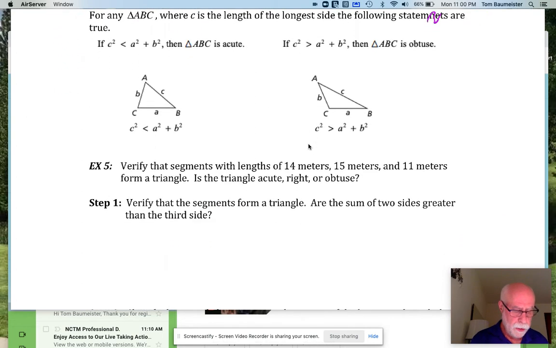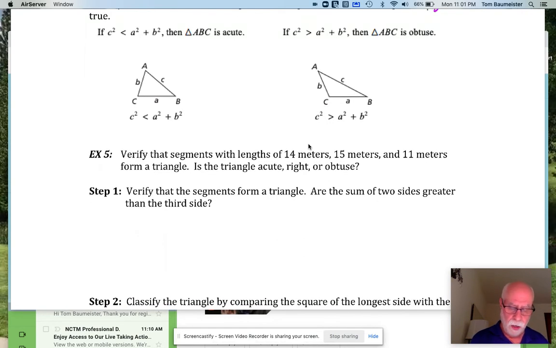So, example 5. Verify that the segments with the lengths 14 meters, 15 meters, and 11 meters form a triangle. Then the second part is, is the triangle acute, right, or obtuse? So verify that the segments form a triangle. Are the sums of the two sides greater than the third side? I'm going to take 14, 15, and 11, add 2 of them, and they should be greater than the third side.